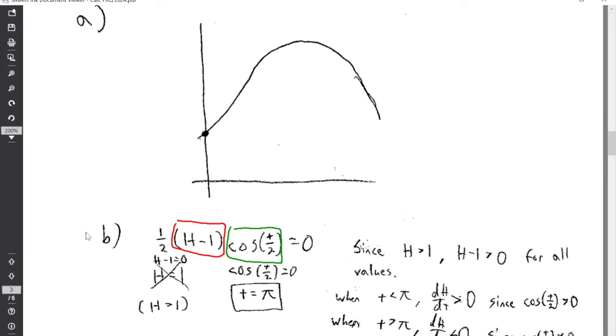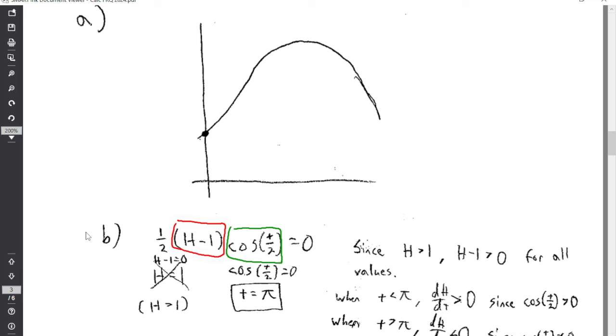So in order to figure out whether that's a max or a min, we look at what's happening to the left of pi and what's happening to the right of pi. And again, we don't need to worry about the piece in red because that's always going to be positive because h is always bigger than 1. So all we need to worry about is what cosine is doing.